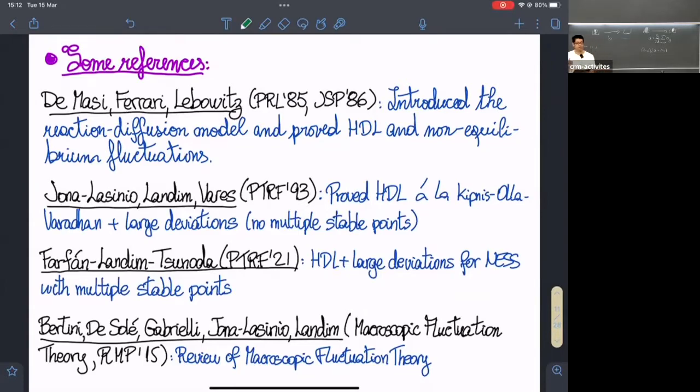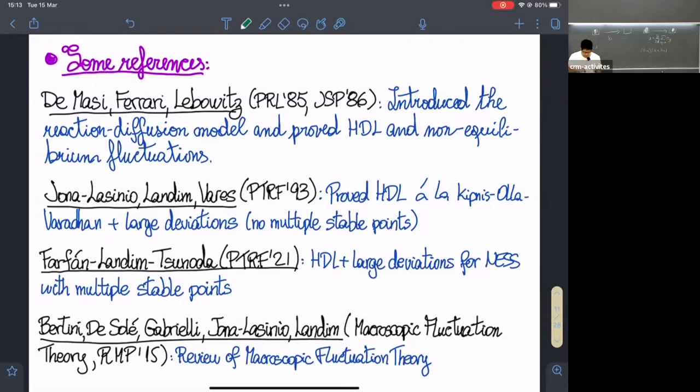So in principle, large deviations applies for this model, and you can see that Farfan, Landim, Tsunoda proved this result, the same things, hydrodynamic limit and large deviations, in the case of multiple stable points. And you can see the time difference of almost 30 years. So you can see that multiple stable points is probably more difficult than just one stable point.